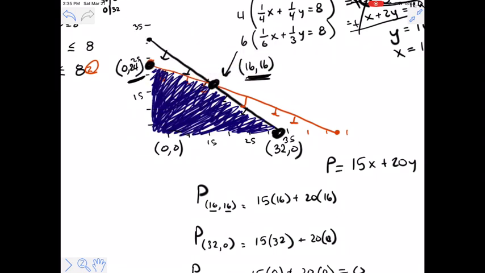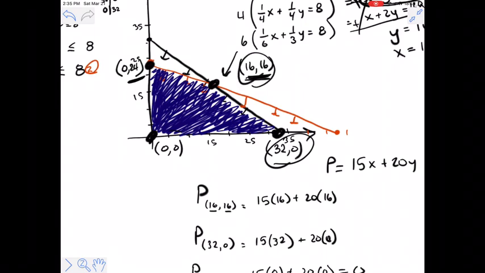I guess 0, 0 would be nothing. But based on the availability of how much time it takes to cut and sew, that's the limitation. Any one of these would be a limitation, and we want to figure out which one of those maximizes the profit.